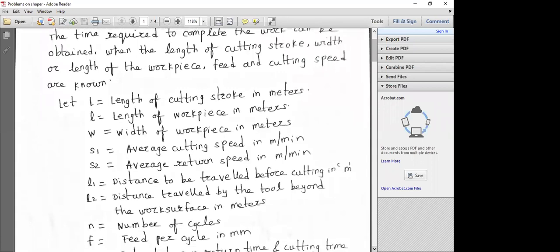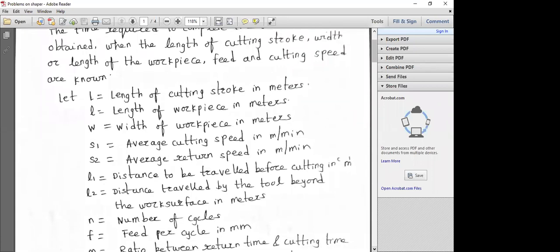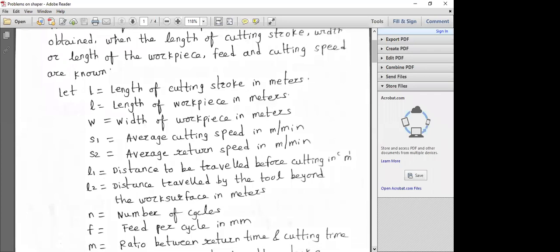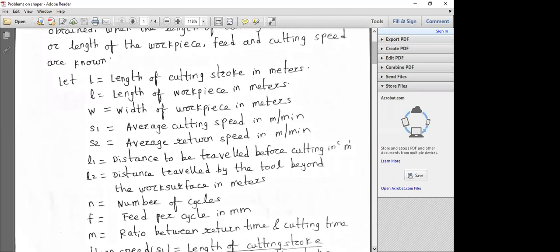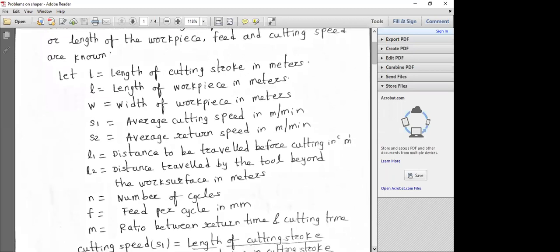F is feed per cycle in mm. What is m? Don't worry about the notations. We are using standard notations, but in some textbooks, instead of m, it may be k or something. So stick to standard notations. m is the ratio between the return time and cutting time.